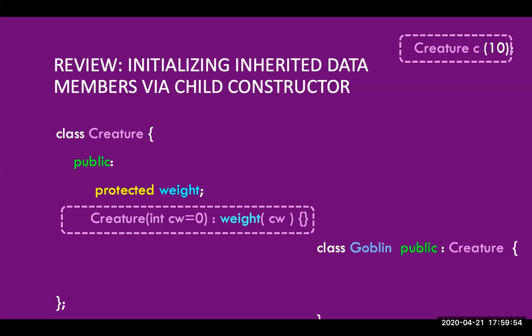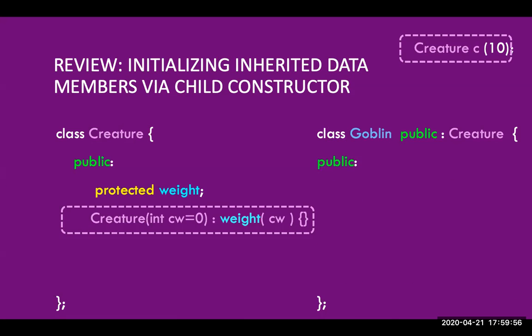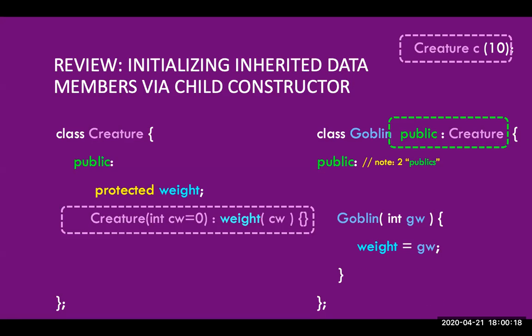And then we have Goblin, which derives publicly from Creature, which is the very common way we would do that. So remember, these are two different publics. This one up here tells you how you're inheriting and how you're going to pass that inheritance on to your descendants, and this one just talks about how you're classifying your data members and your methods. So try not to get those confused.